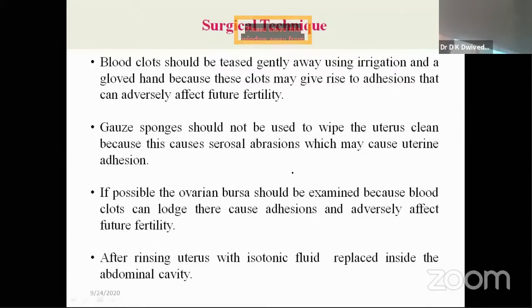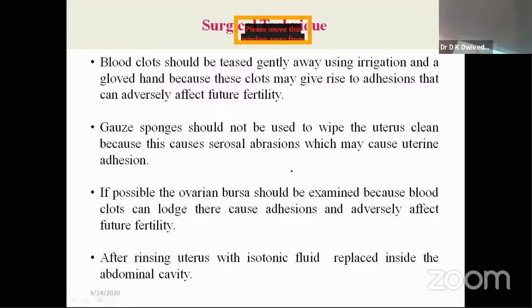Second thing, after closure, is the blood clots. If there is any blood clot, you have to gently wash it out, or irrigate it so that there should not be any blood clots. Because these blood clots again provoke adhesion formation in the post-operative period, and this may adversely affect the future fertility of the animal.